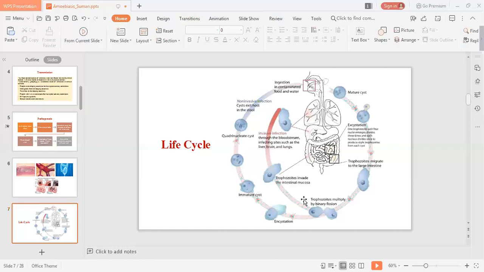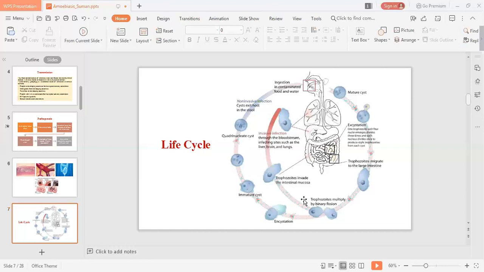The trophozoite can also invade the intestinal mucosa, and then we can say this is intestinal disease. If they reach the blood vessels and enter extra-intestinal sites such as the liver, lungs, or occasionally the brain, then we can say this is extra-intestinal disease. Trophozoites multiply by binary fission and produce cysts.